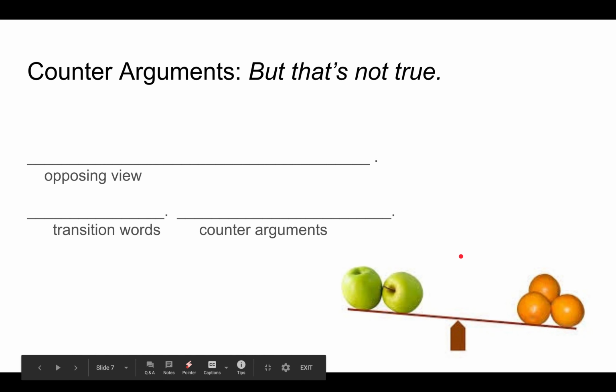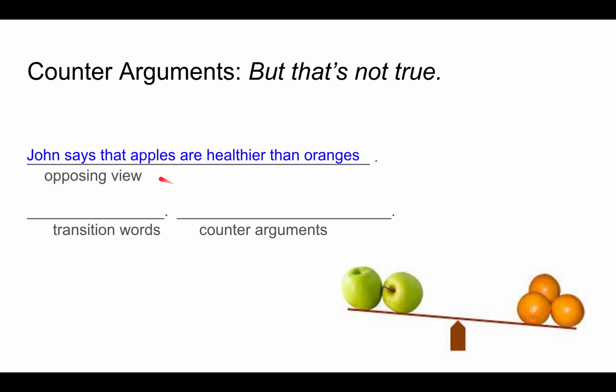And so I might say, I would introduce the opposing view. John says that apples are healthier than oranges. Signal that I'm going to make a counter argument using a transition word or phrase, but that's not true.